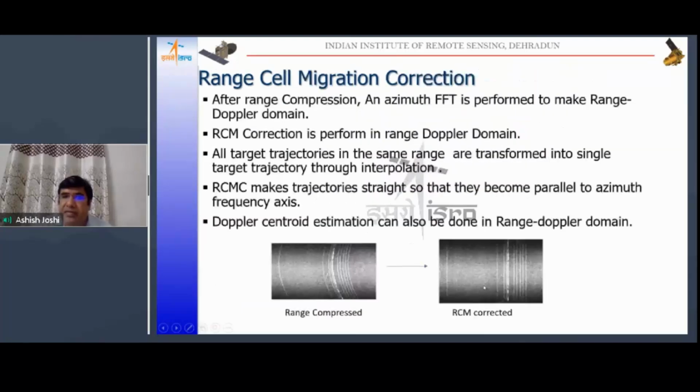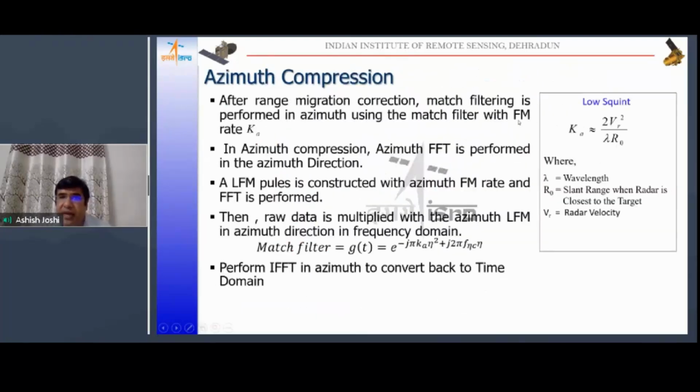In the azimuth direction, we have to use the azimuth FM rate, which is given by Ka, which depends on 2 VR square by lambda R0. So we have to make an LFM in the azimuth direction, which is called the matched filter, this way. So this matched filter we have to multiply in the azimuth direction. This K mainly depends on the effective velocity and lambda R0.